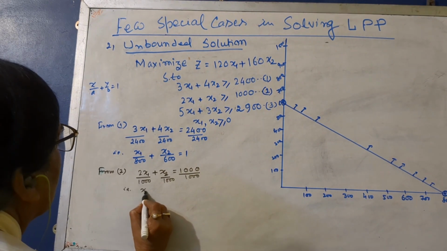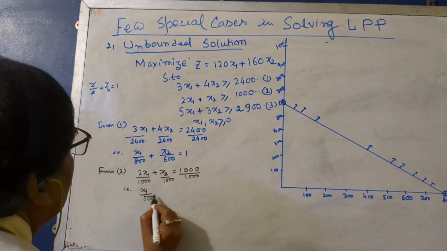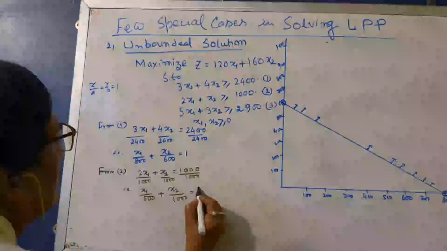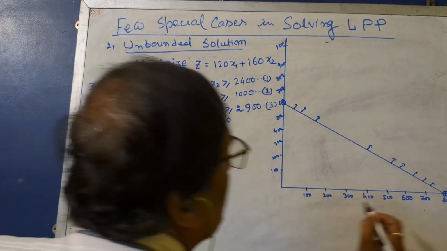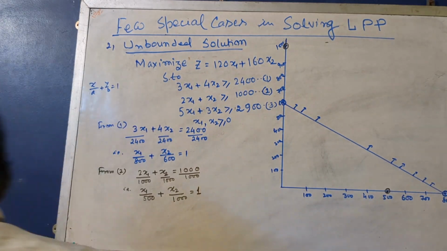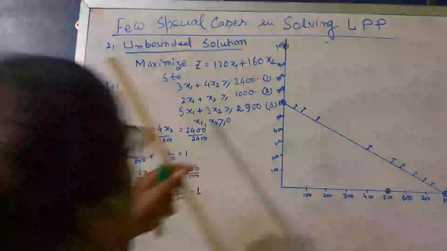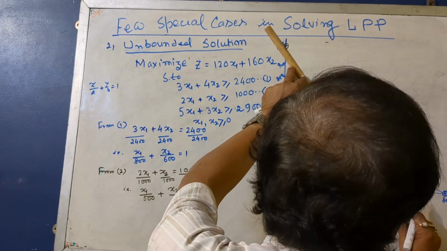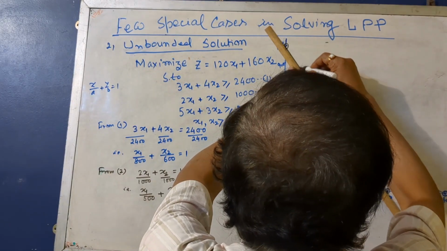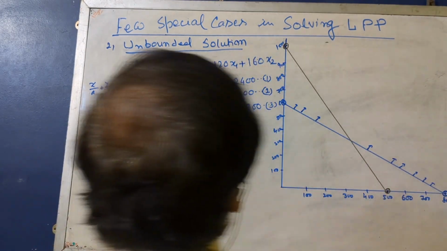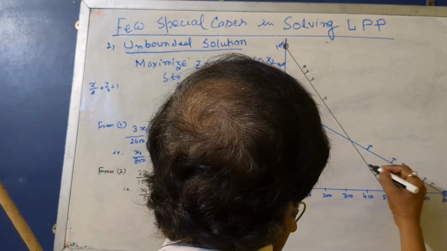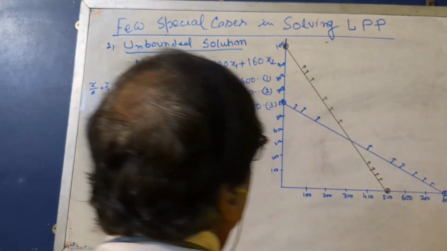That is x1 divided by 500 plus x2 divided by 1000 is equal to 1. 500 means this point, and 1000 means this point. Right? You draw another line by this. This is another constraint. It is also greater than or equal to. That's why the direction will be this.